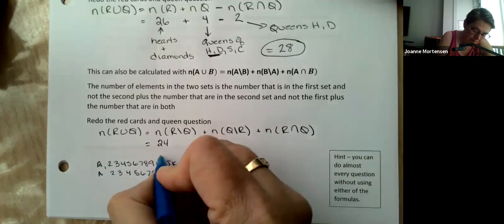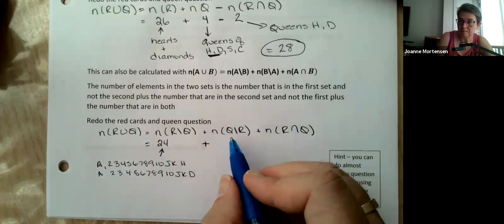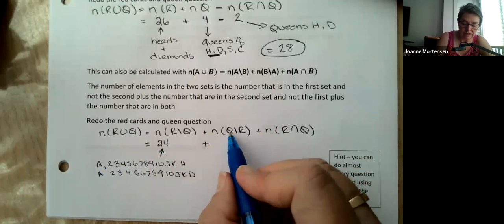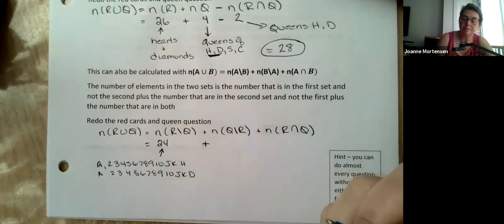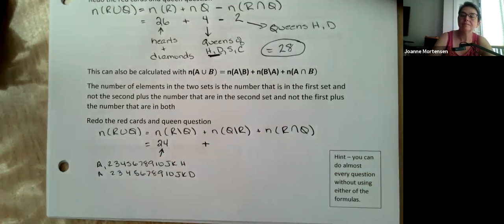Plus the ones that are queens but not red. Hold on for a sec. Now we want queens that aren't red. So that's going to be the queen of spades and the queen of clubs.